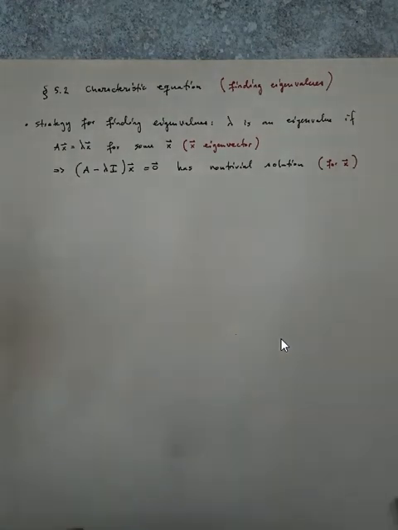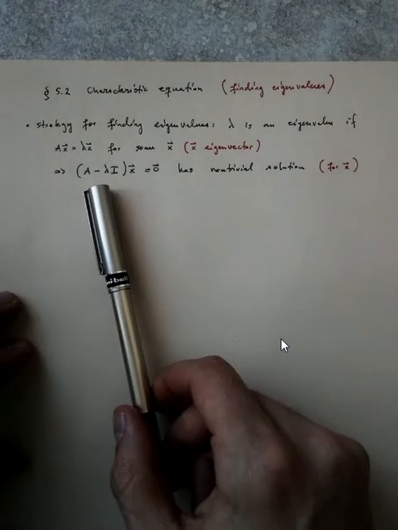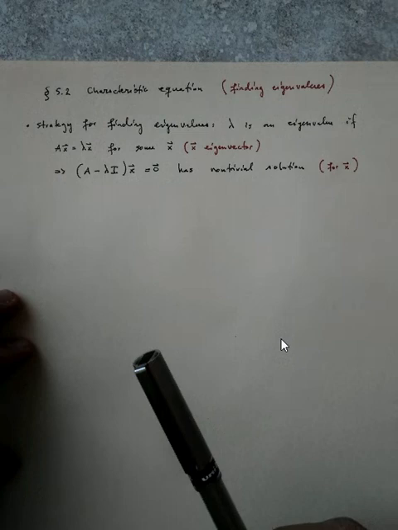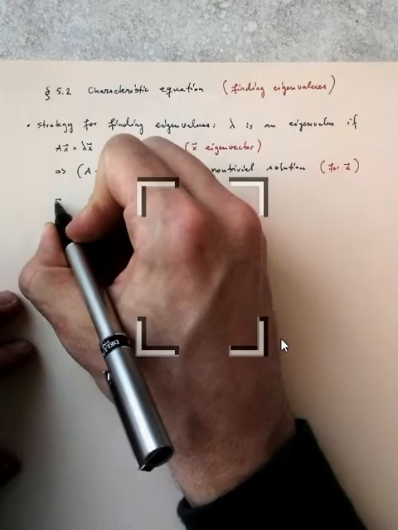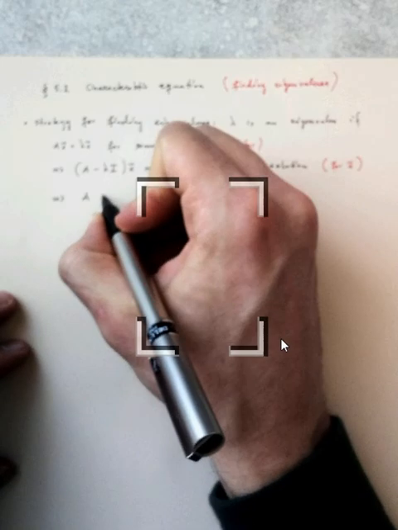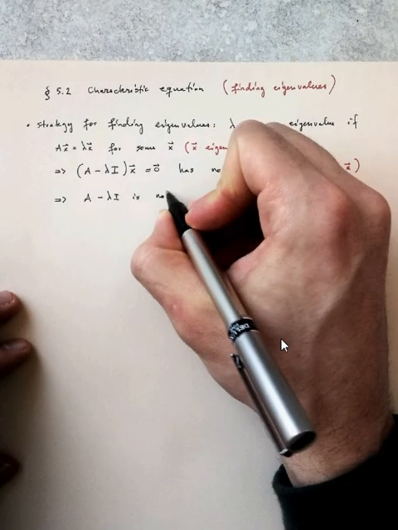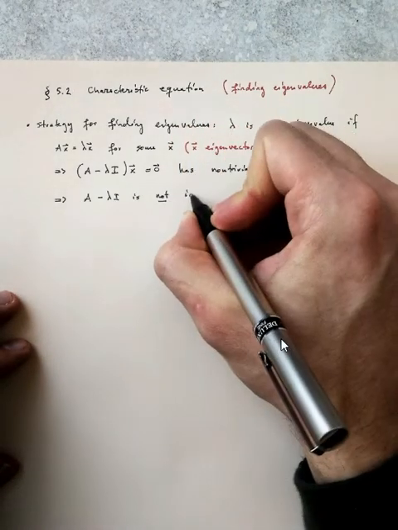Okay, so for a matrix equation Ax equals 0 to have a non-trivial solution, that means that this matrix, A minus lambda times the identity, is not invertible.